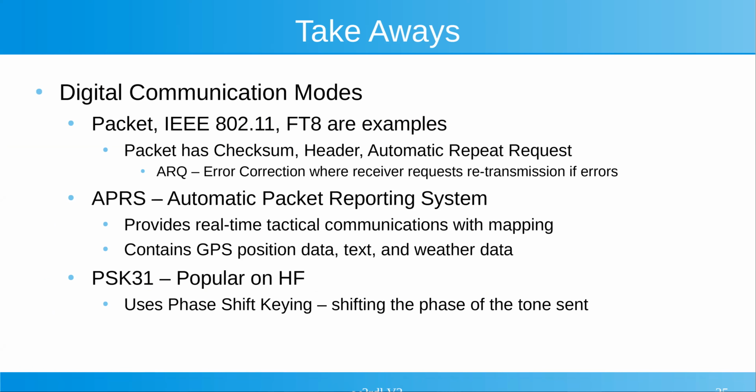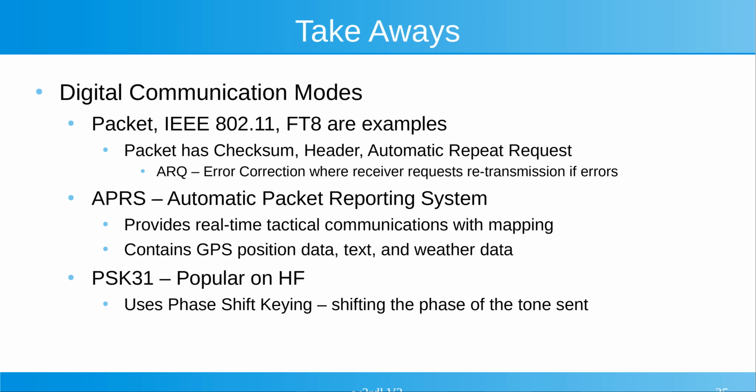So we learned that packet, Wi-Fi, and FT8 are all examples of digital communication modes. Packet contains a header, a checksum, and possibly an automatic repeat request if there are errors, so it sends a request for retransmission.